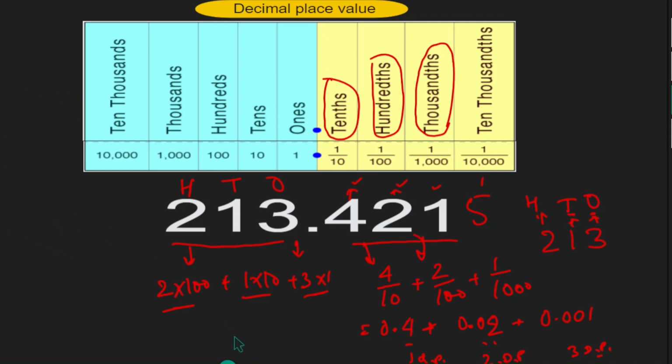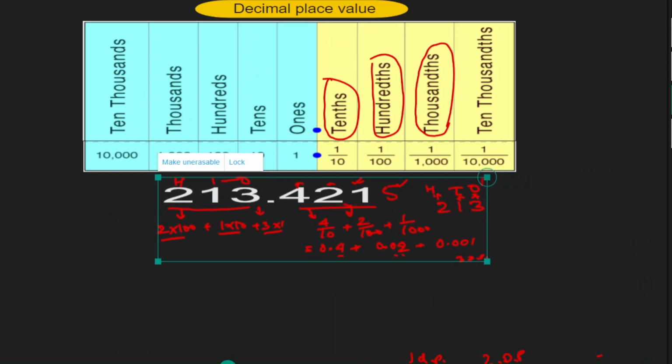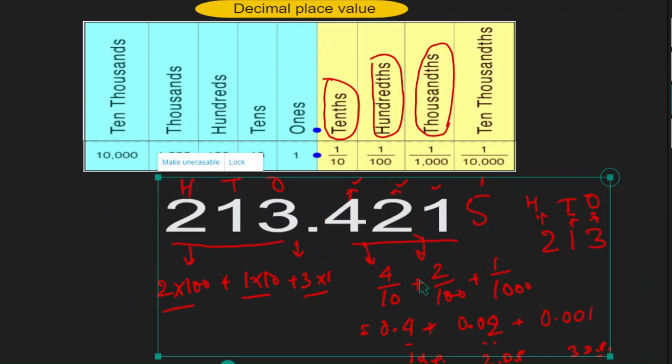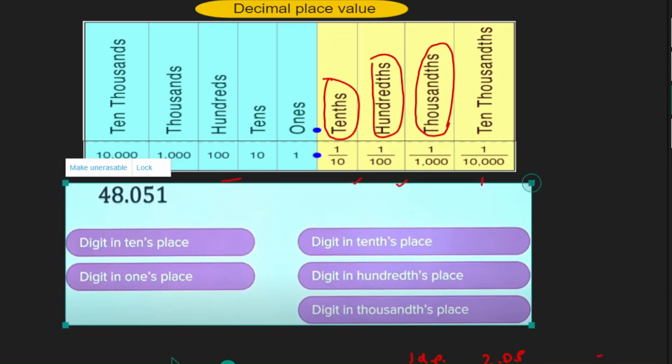Suppose for this I give you a question. Let me reduce it and put one question like this, given the number 48.05. Remember one thing, we don't pronounce the decimal places as a whole number, like suppose it is 48.25, we don't call it forty-eight point twenty-five.